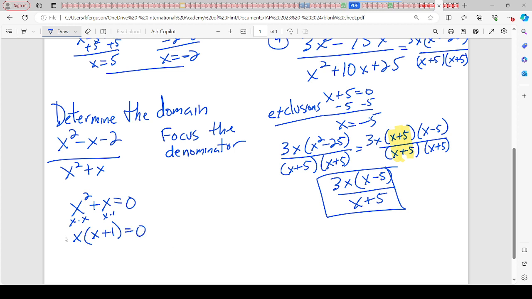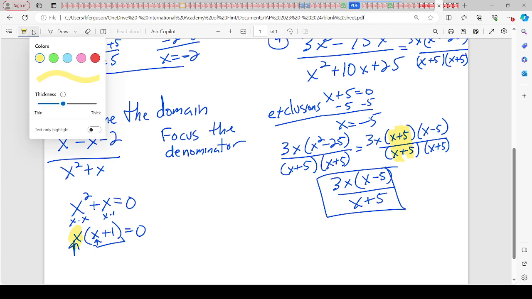So now I have a variable out here, and then I have this thing right here that has a variable in it as well. So what values of x, if I plug them in, are going to give me 0? Well, it's kind of simple to see that x plus 1, if I got x equals -1, I'd get 0 there. What's important to notice that may not be as easy to see is this x right here is on the outside all by itself.